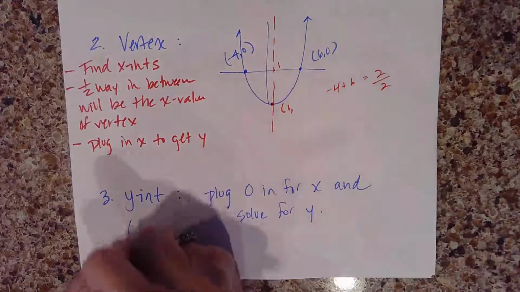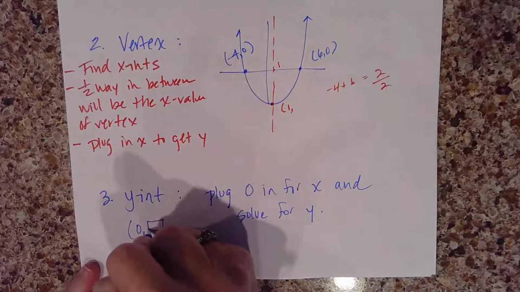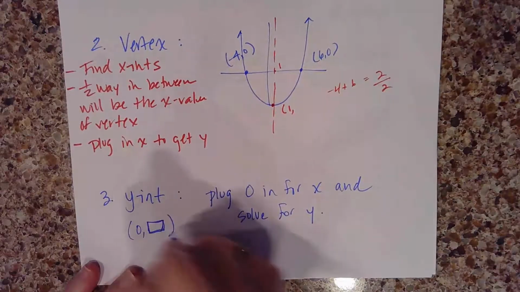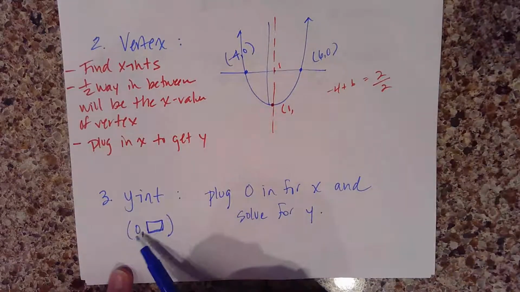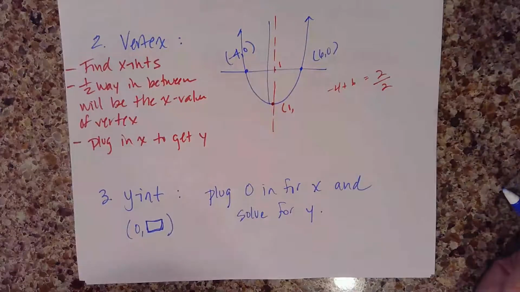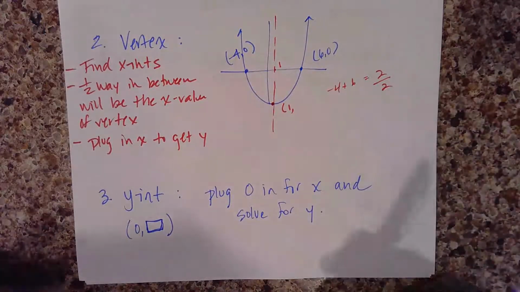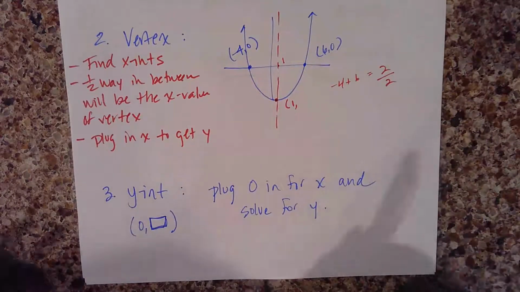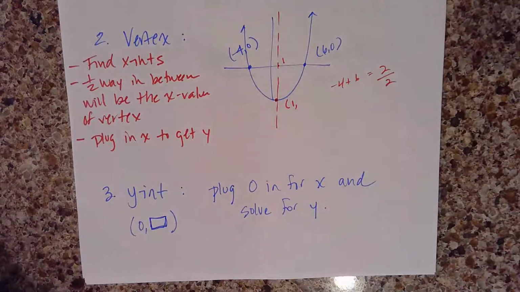Remember, a y-intercept is always (0, a number), right? So it makes sense that if we plug 0 in for x, that would give us our y-intercept, because it's always when x is 0.